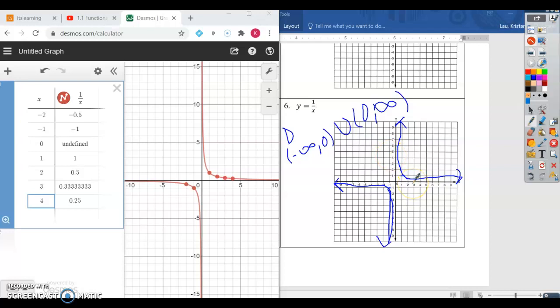Okay, my range is the same thing. The only thing that is not included is 0. And just note you can't plug 0 into this equation because you can't have 0 in the denominator. That would make it undefined.